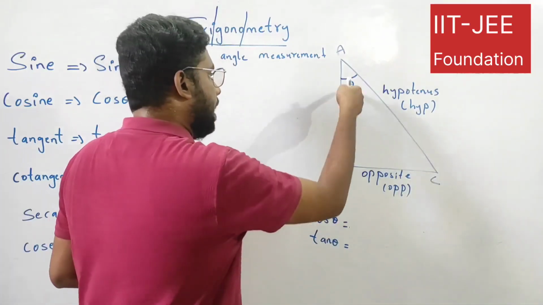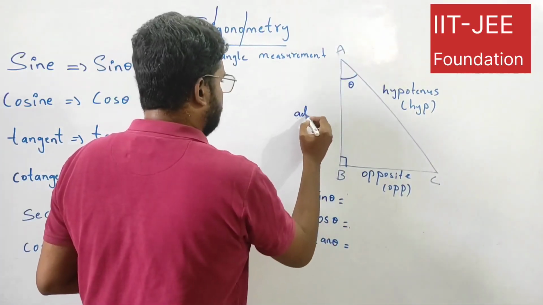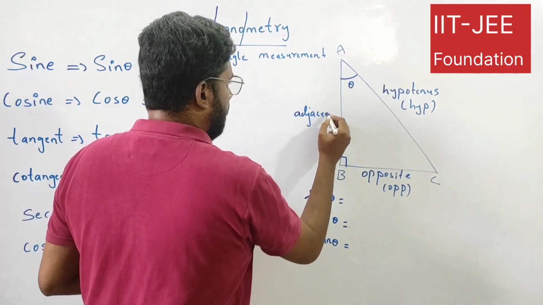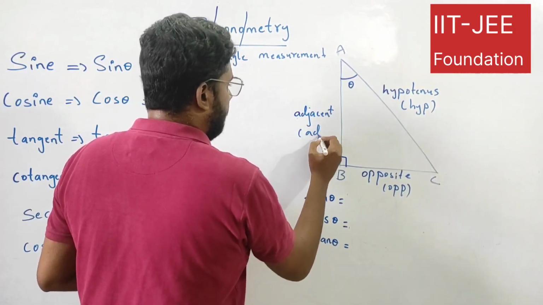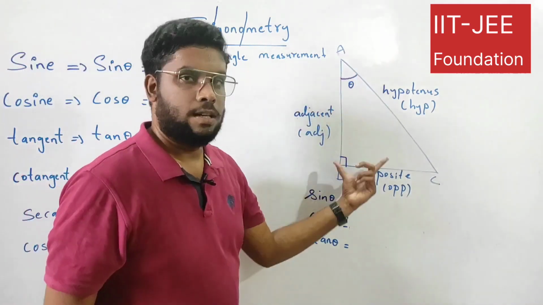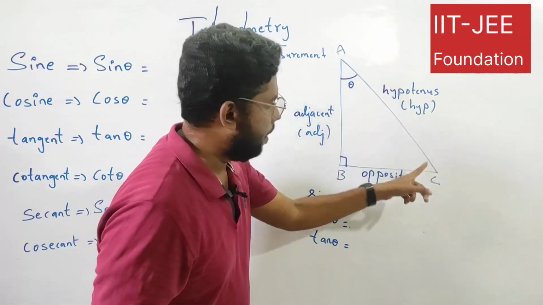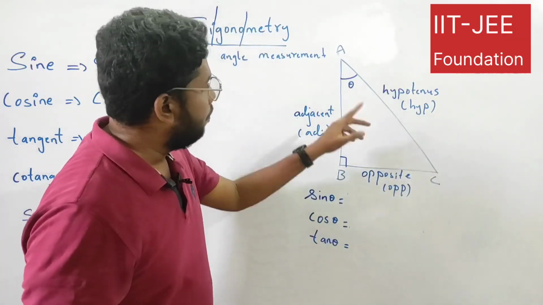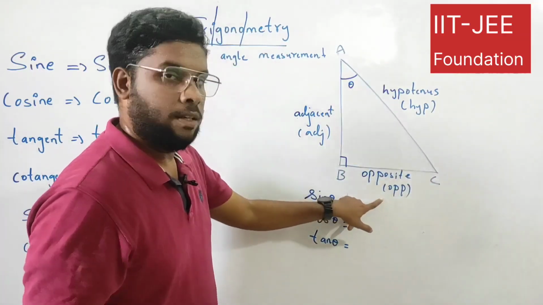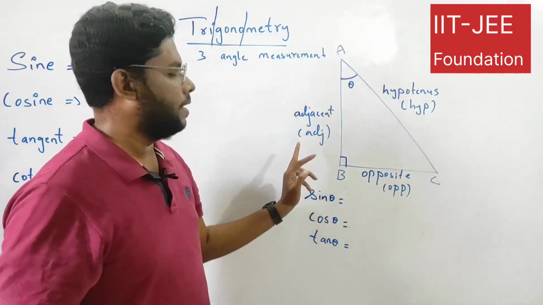Now the side which is adjacent to it is called the adjacent side, we will write ADJ. So now we must be familiar with these 3 terminologies. The slant line is always considered to be the hypotenuse, the side opposite to the angle is called the opposite side, and the side adjacent to it is called the adjacent side.